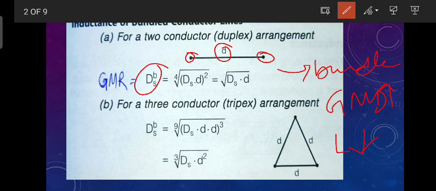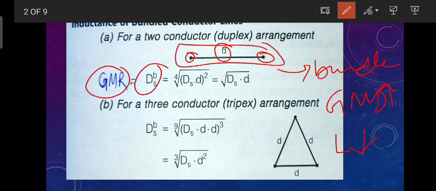What is DSB? DSB is the geometric mean radius of this bundle conductor. What is Ds?